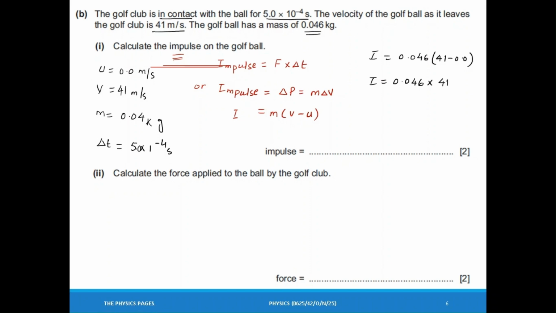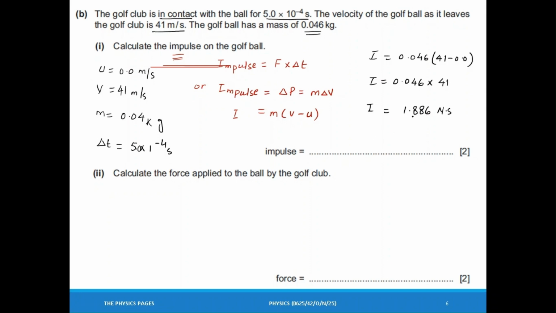When we multiply 0.046 with 41, we get 1.886. So impulse is 1.886. Either you can write Newton times second or kilogram meter per second.